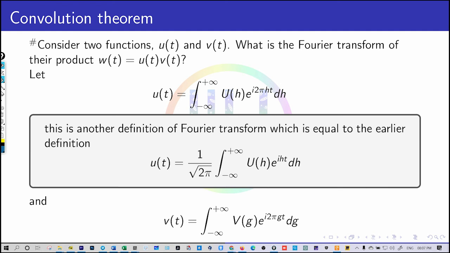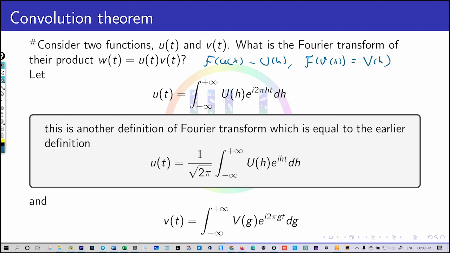Similarly, when you go from real space to Fourier space, if you have two functions u of t and v of t, where the Fourier transform of u of t is capital U of h, and the Fourier transform of v of t is capital V of h.